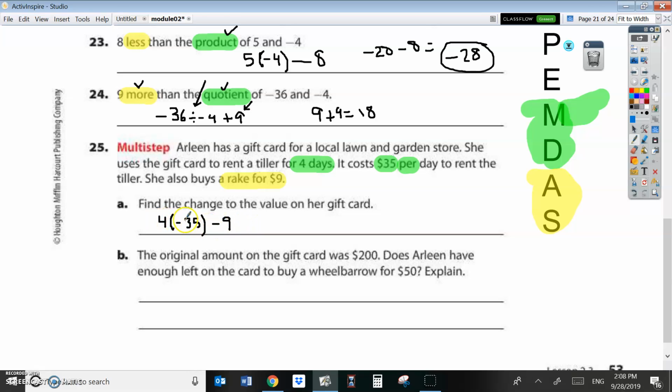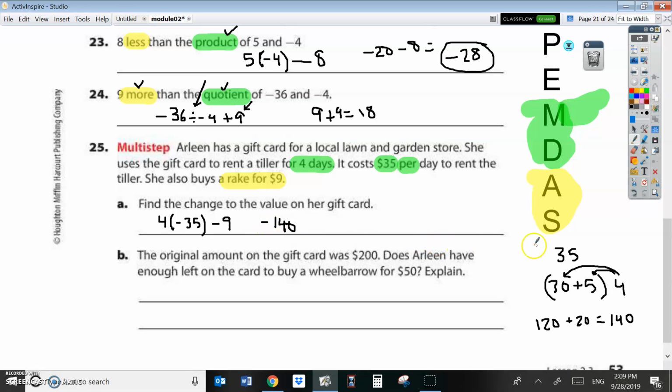Do 4 times 35. Here's a way you can do it. 35 is the same as 30 plus 5. And if you multiply 4 times 30, well, that's easy. That's 120. 4 times 5 is, that's easy. That's 20. So that's 140.